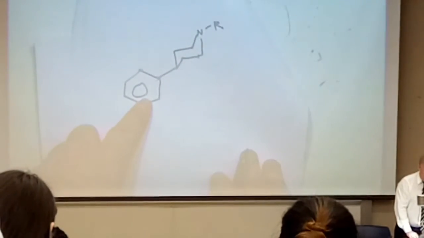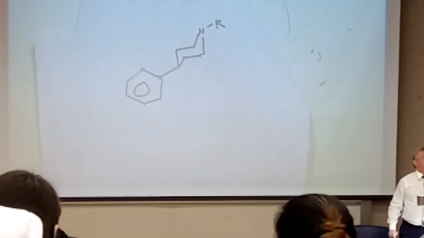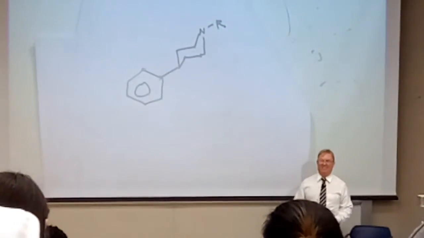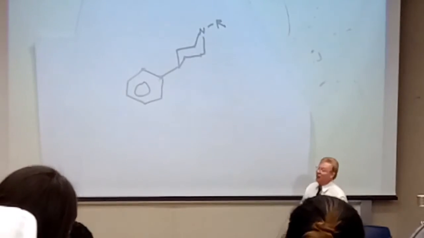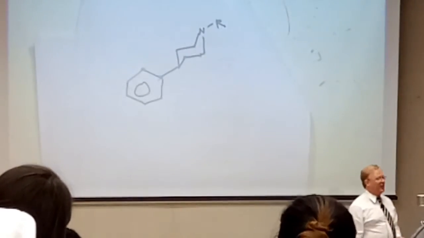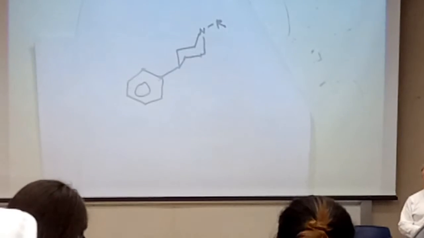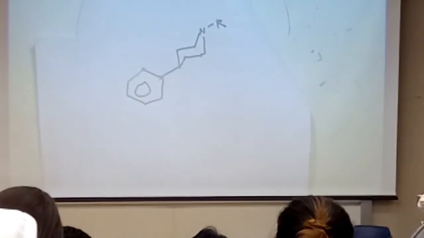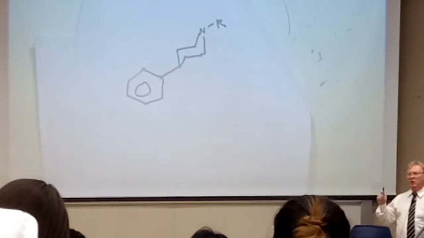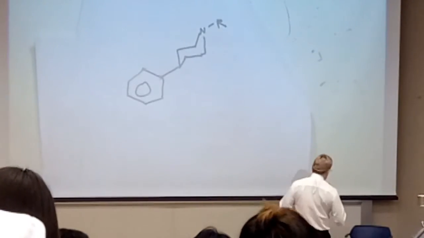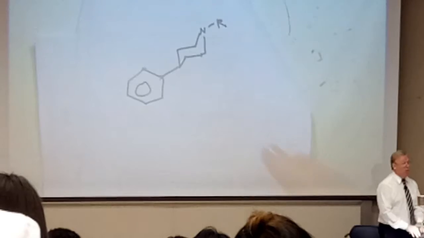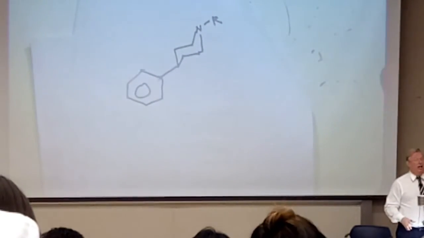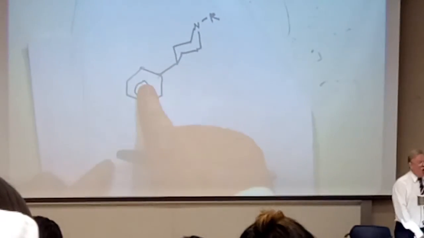This is a phenyl ring. What is that ring? We had it last term. In the chair there, a six-membered ring with nitrogen in it. Piperidine ring. This seems to be the basic pharmacophore required for agonist activity in opioid receptors.